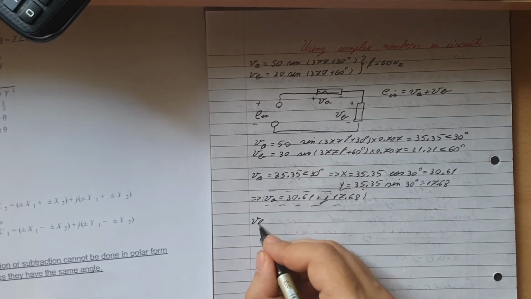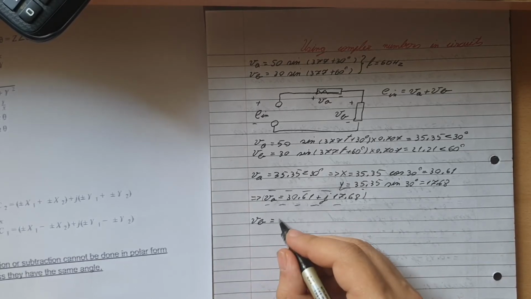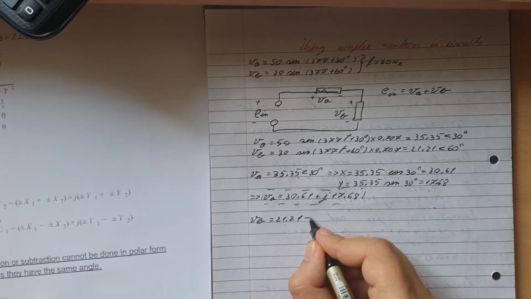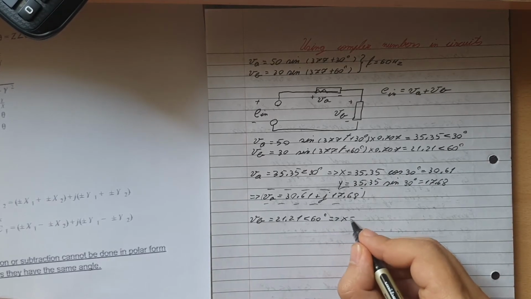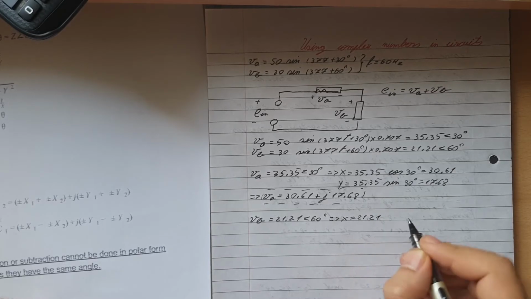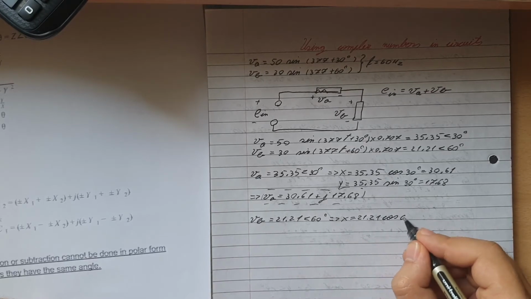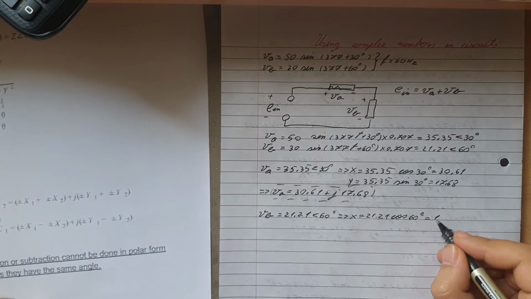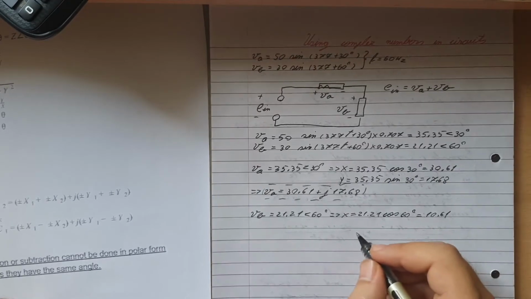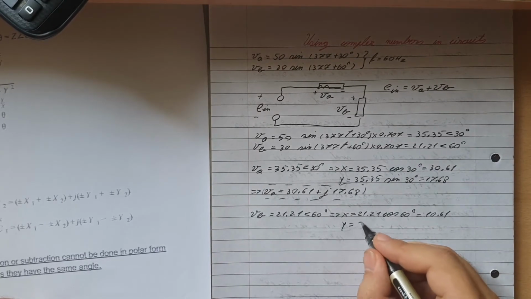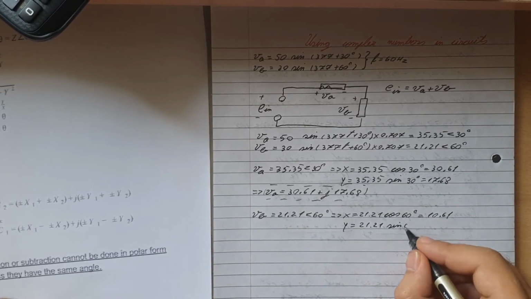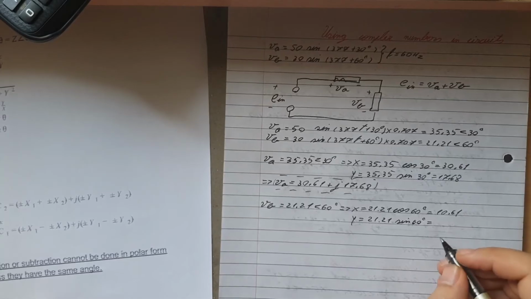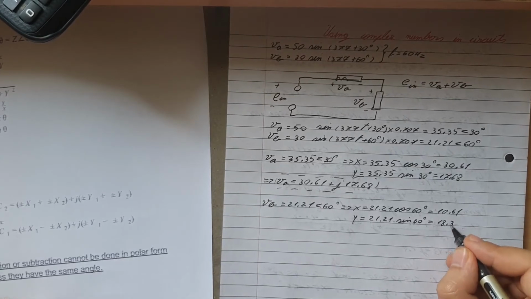So VB will be equal with 21.21, angle of 60 degrees. Therefore X is equal to 21.21 cosine of 60 degrees, that's equal with 10.61, and then Y is equal with 21.21 sine 60 degrees, that's equal with 18.37.